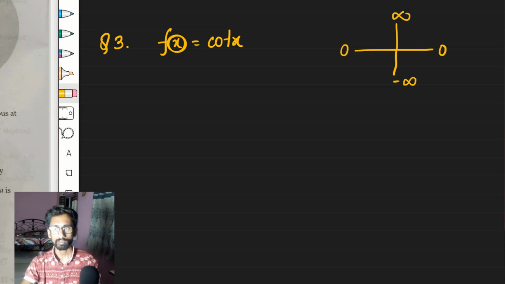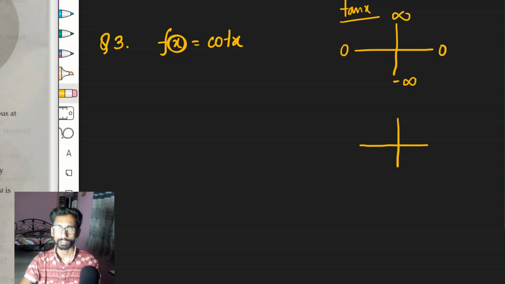So for all the odd multiples of pi by 2, the tan x function is undefined. Similarly, the cot x will be just the opposite. It is infinity or undefined when x is an integer multiple of pi, and it is 0 when x is an odd multiple of pi by 2.